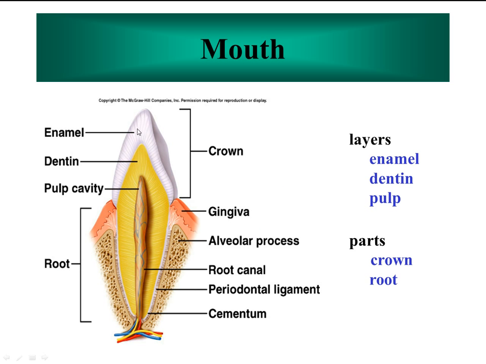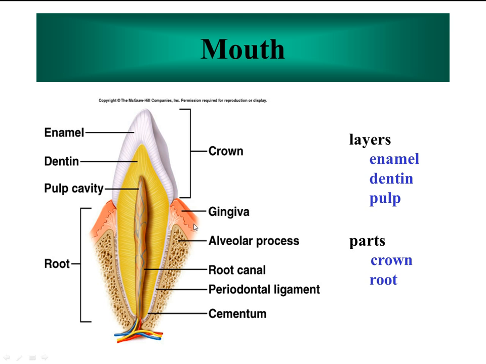The enamel is the outermost layer of the crown of the tooth. The pulp is where you have nerve fibers and blood vessels. The gingiva is the gum that holds that tooth into place.